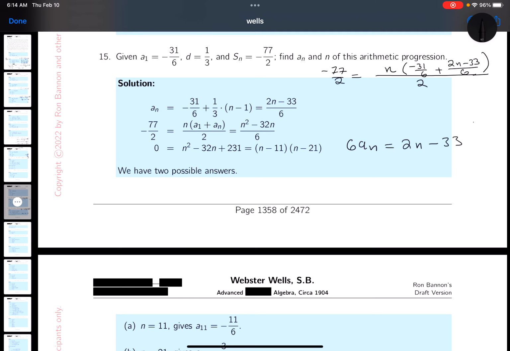Let me just go step by step. I'm going to multiply both sides by 2. And you know what I'm going to do? Also multiply by 6 at the same time. So write this down. And you would get N times minus 31 plus, I'm multiplying by 6, by the way, 2N minus 33.